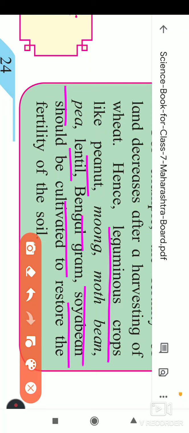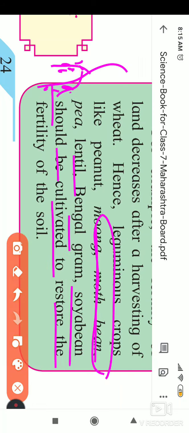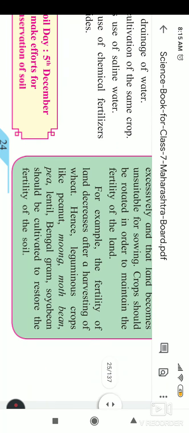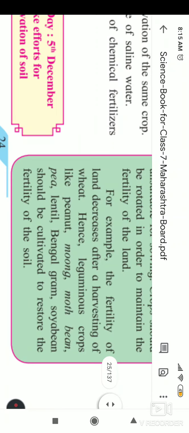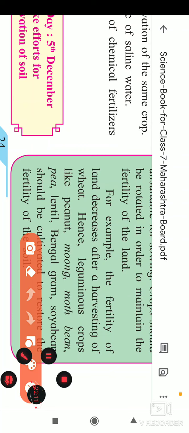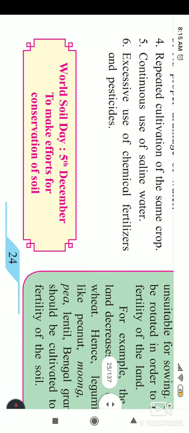On their roots there are extensions, and nitrogen is fixed there. If these plants grow, the soil gets more and more nitrogen, the fertility of the soil increases again, and you can take wheat crops in it again. So if you follow the alternate crop method, the soil fertility will not decrease.